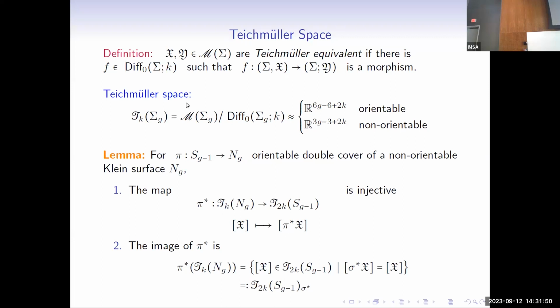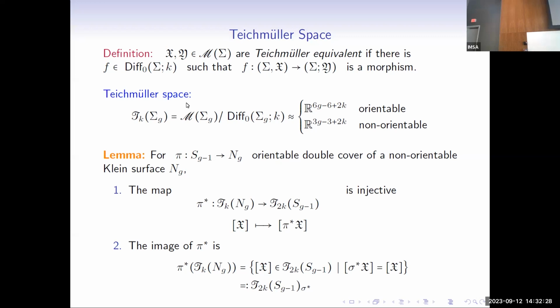And then the Teichmüller space is nothing but the space of all these Klein structures, the analytic structures, modulo Diff_0, right? And again, in the case when the surface is orientable, you get back the classical statement that says that the Teichmüller space is homeomorphic to R^(6g-6+n). And you have roughly half of the dimension in the non-orientable case, right?